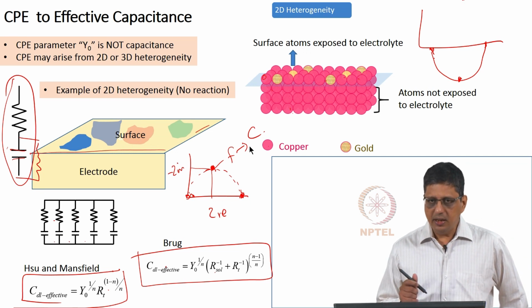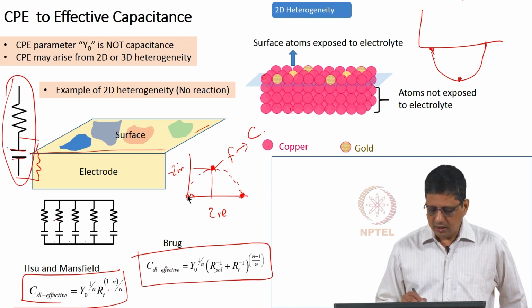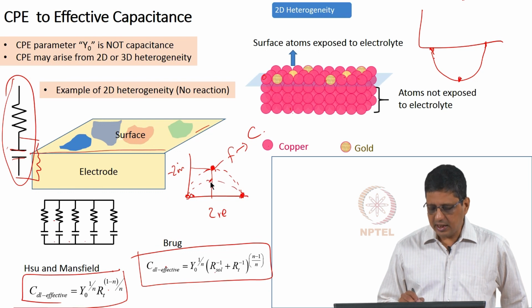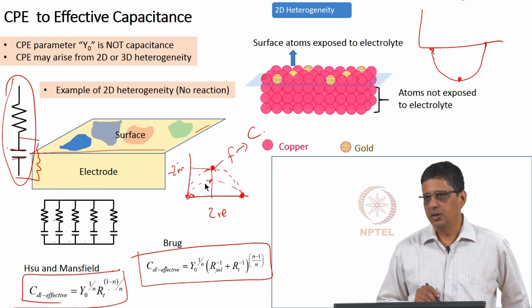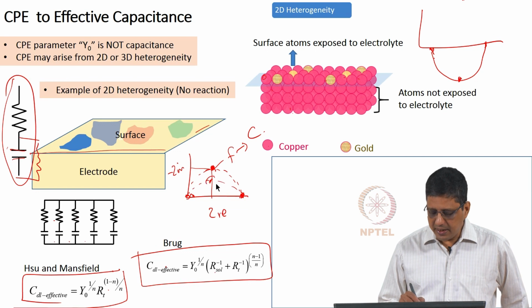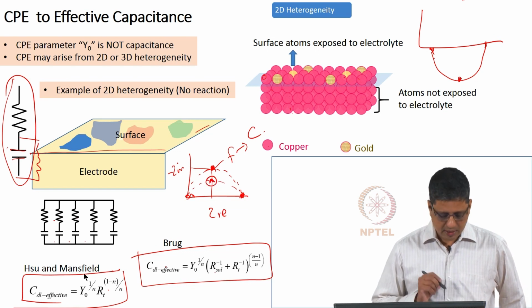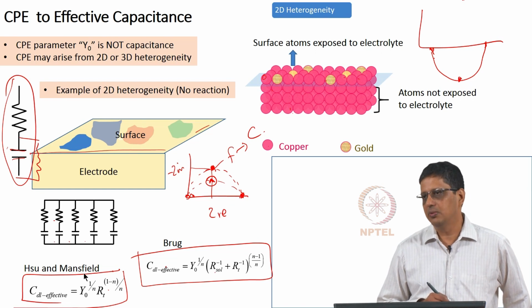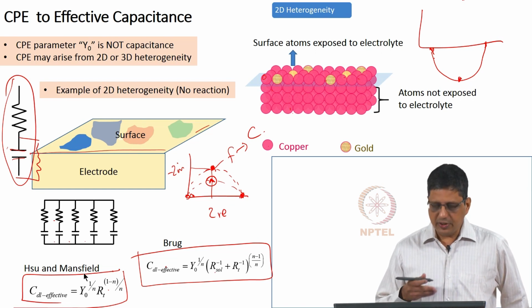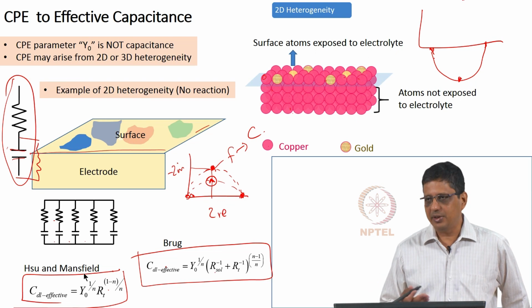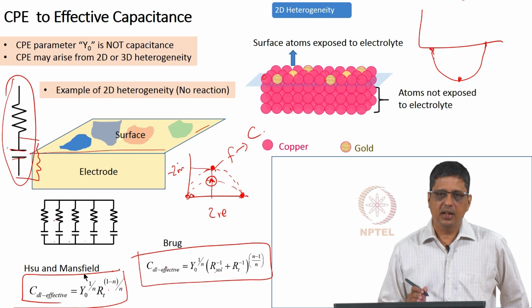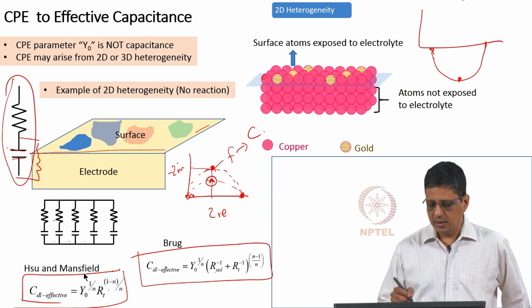In case of CPE, obviously this is not a semicircle, but you can still take the maximum, and if you say in CPE the maximum can be related and we can extract the capacitance, this is how you would get the capacitance value. In admittance form, one of the equations would come, in the impedance form the other equation would come, but basically these are taken by using the procedure which we normally use to take peak value and extract the capacitance from that.